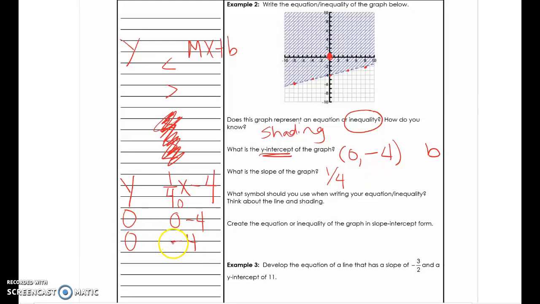What relationship is 0 to negative 4? 0 is greater than negative 4. So the symbol is going to be a greater than. Without the equals, since we have a dashed line, we know it's just greater than. The points on the line are not solutions. y is greater than 1/4 x minus 4.